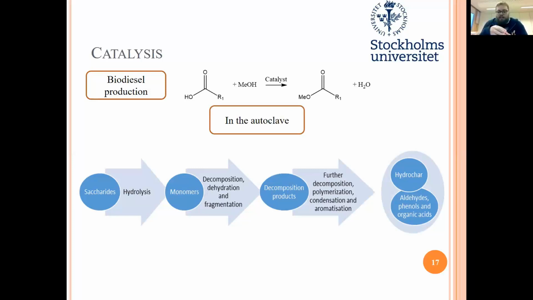These products further decompose into aldehydes, phenols, or organic acids that remain in the liquid phase, as I said, or maybe the gas phase if they're volatile. The rest of the products polymerize and condense through various complex aromatization, condensation and dehydration reactions, and they form what we know as hydrochar, which is a black material.